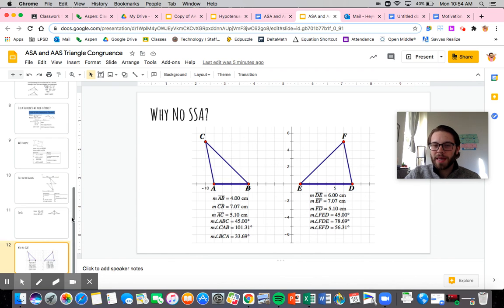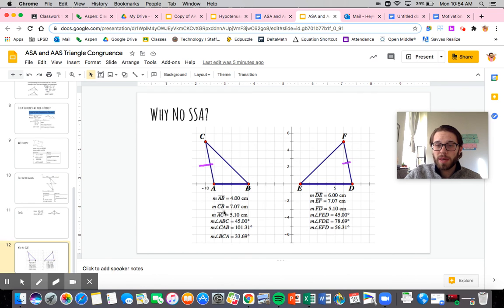And the reason behind that kind of is illustrated in this picture. So remember, in order to show something isn't true, you'd only need one counterexample. And here's a counterexample. So we have that these two, AC and FD, these two are actually congruent.